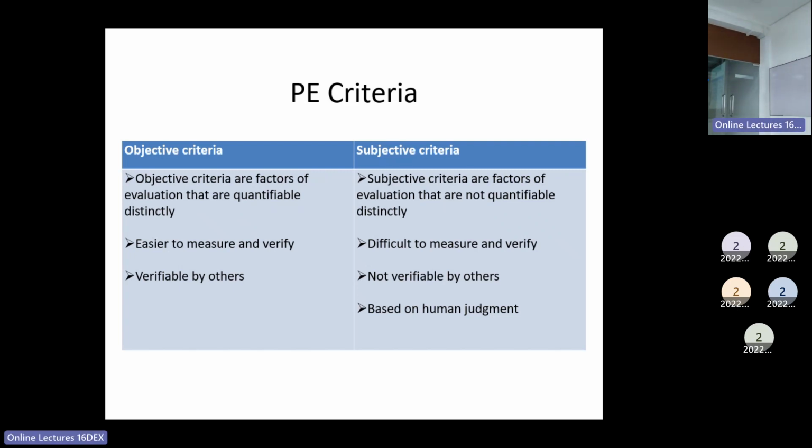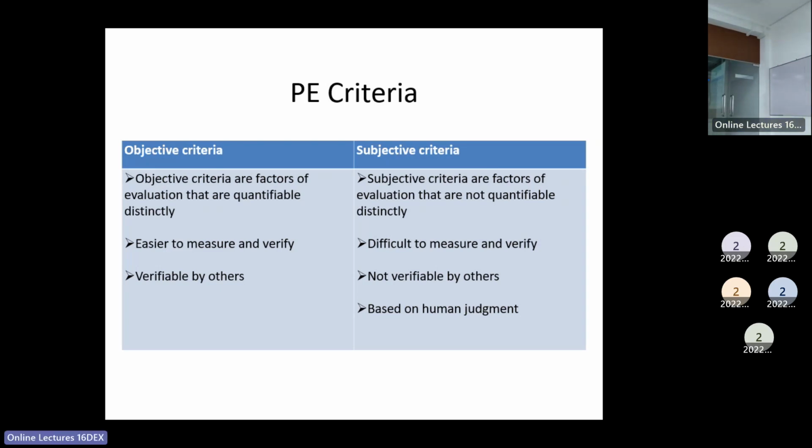Number of students, or grades. Number of grades. Yes, like how many A's they got? That's interesting. Okay. What else?